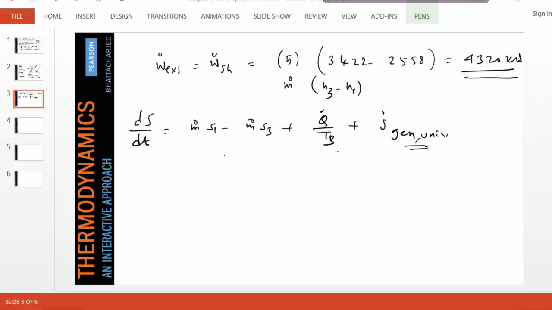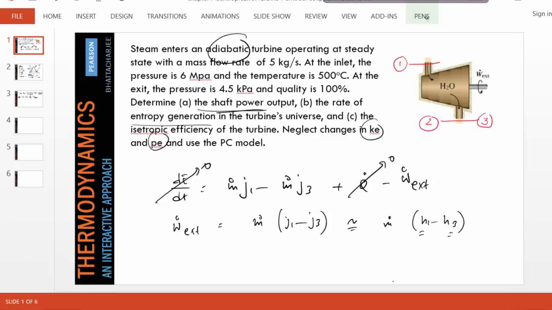What we mean by universe is that we draw a boundary which encompasses more than just the turbine. The boundary passes along the immediate surrounding, so that we have captured all entropy generations.